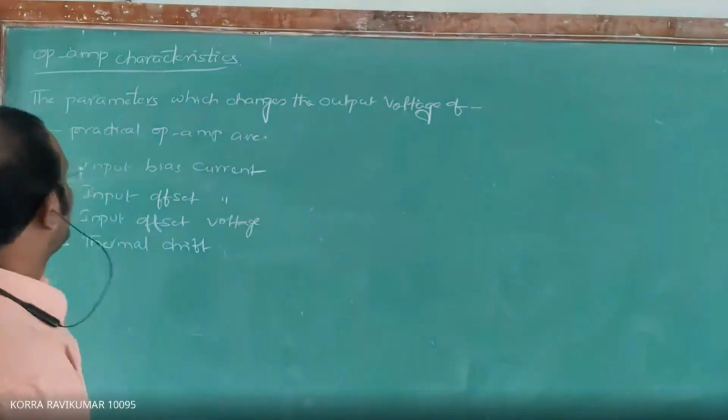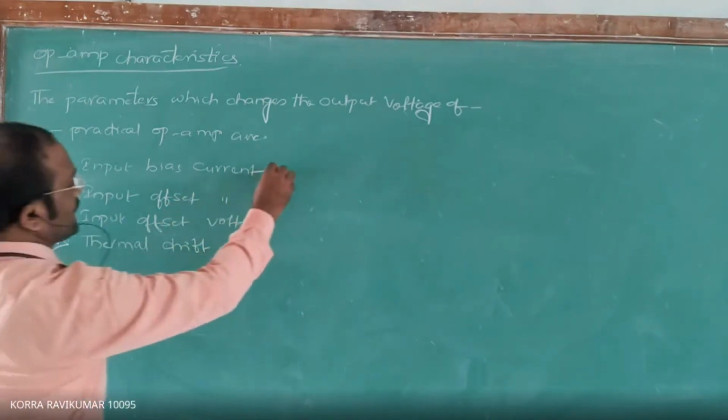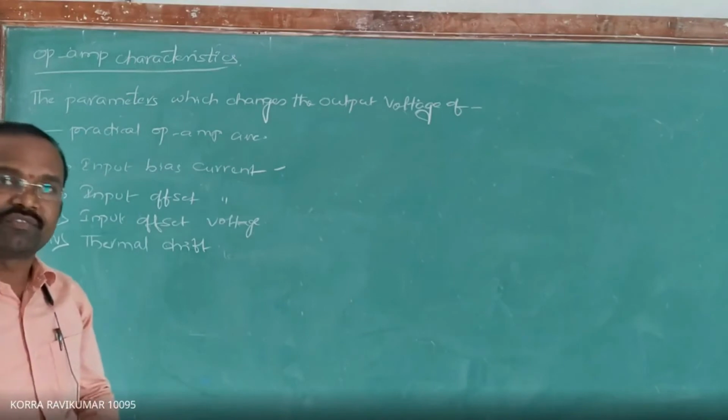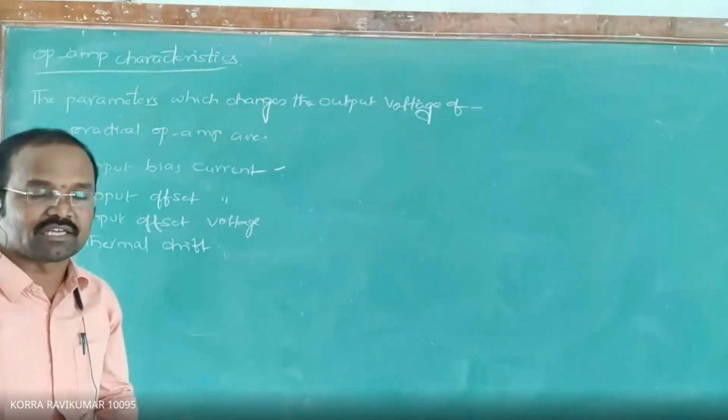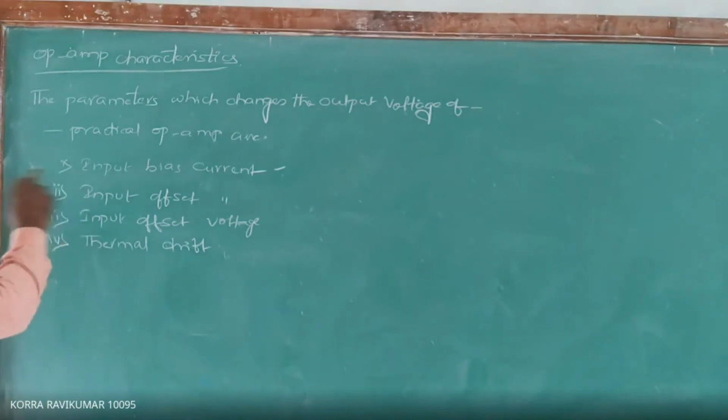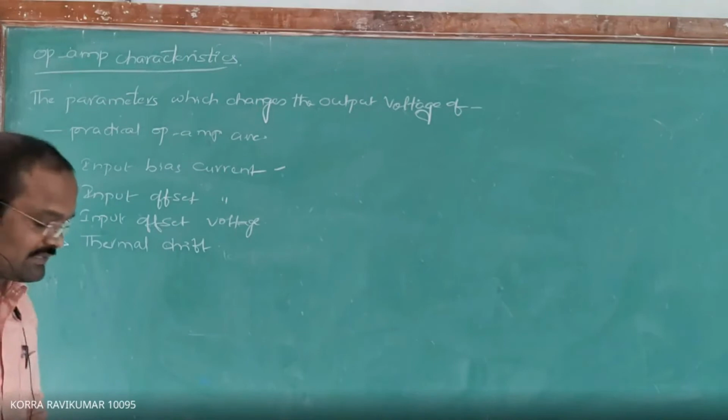What is meant by input bias current and how does it affect the output voltage of the practical op amp? Let us see here. First, let us take the input bias current.